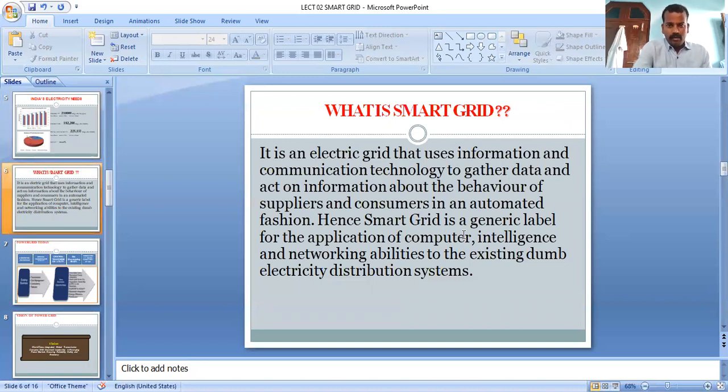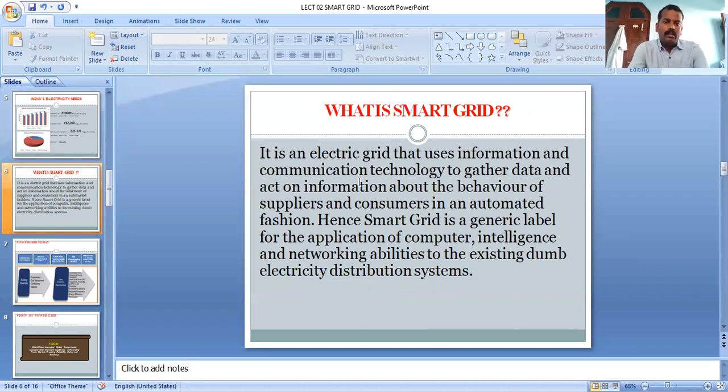If it's not in good condition, then it stops, or if any healing action is required, commands are given by the control center to heal the situation, to overcome the bad situation and restore the original power system.